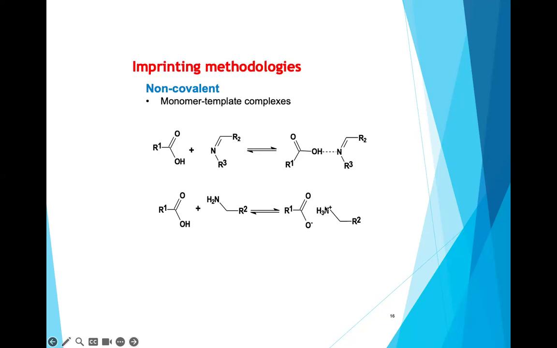So this also can be an interaction between the monomer and the template. And there is also an interaction here, because M represents less electron and nitrogen rich electron, so there is an interaction between these two.